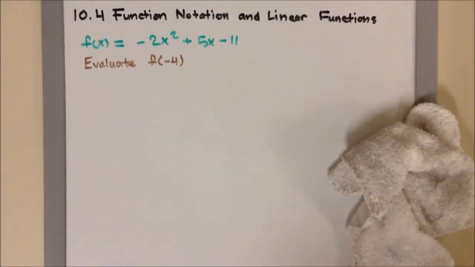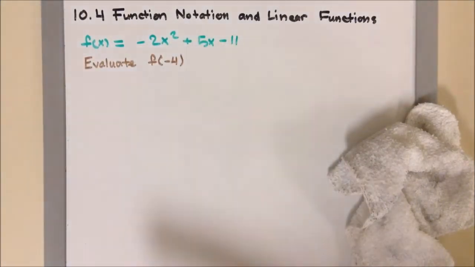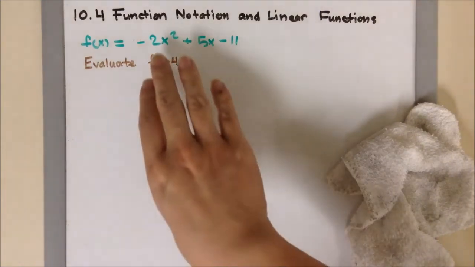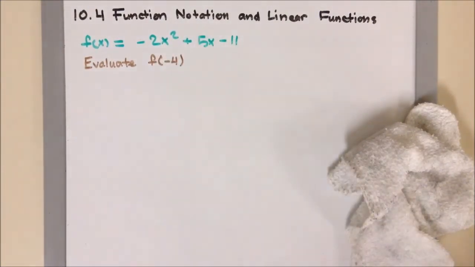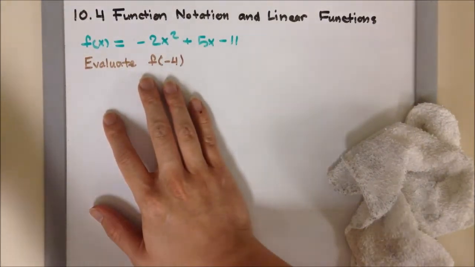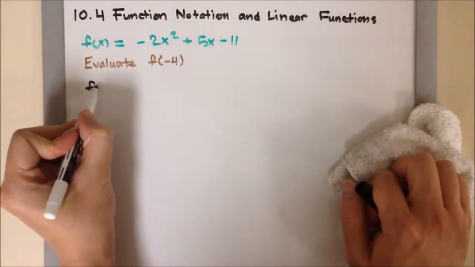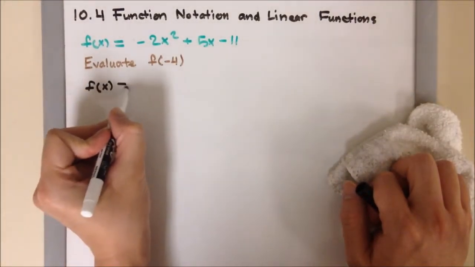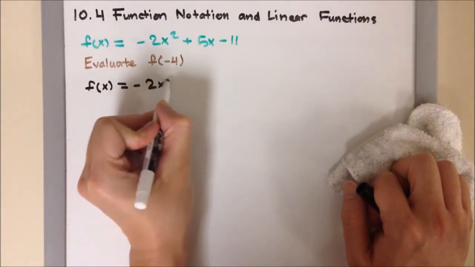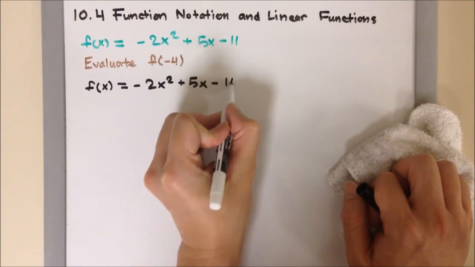In our next example, we have f of x equals negative 2x squared plus 5x minus 11. What's different from the last example is that now we have an x squared and an x. And our question is evaluate f of negative 4. So our function again is f of x equals negative 2x squared plus 5x minus 11.